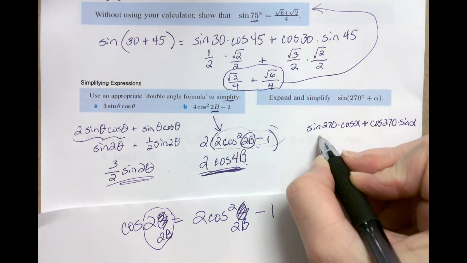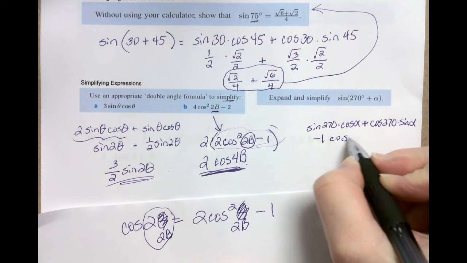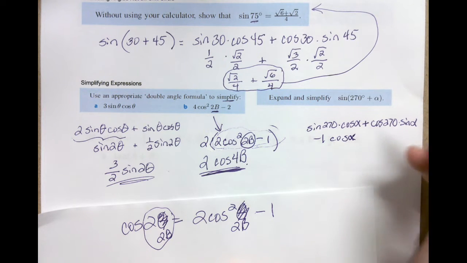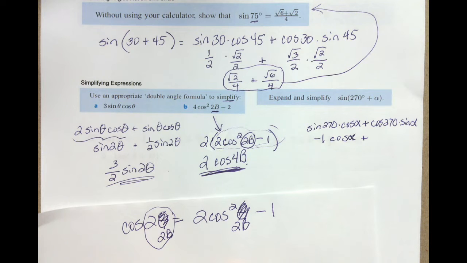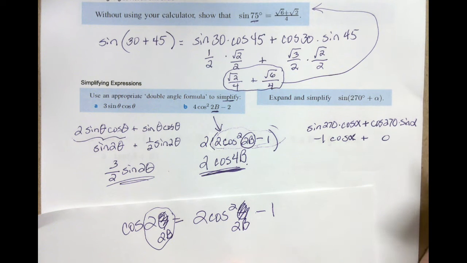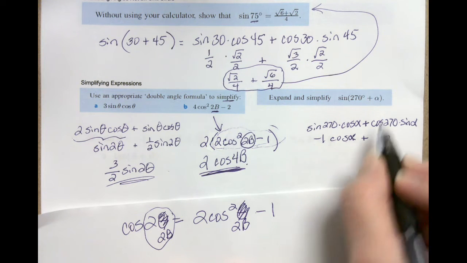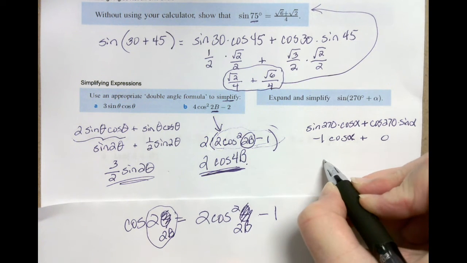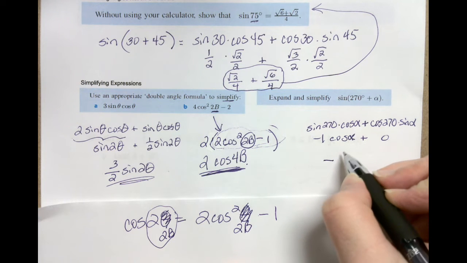So this would be negative 1 cosine of alpha. And what is the cosine of 270? 0 is correct. I like to keep you hanging, but yes, that is correct. And so this actually simplifies to negative cosine of alpha.